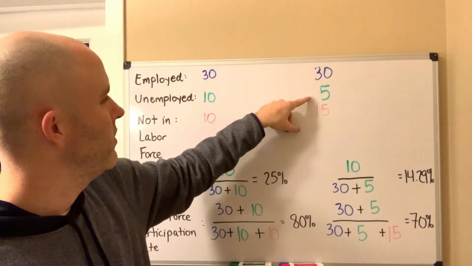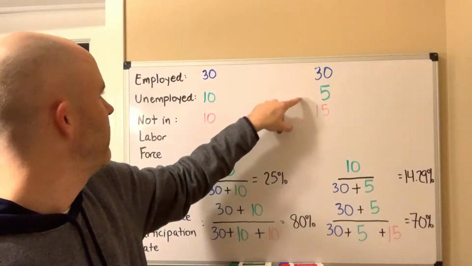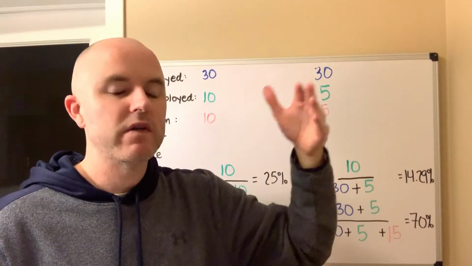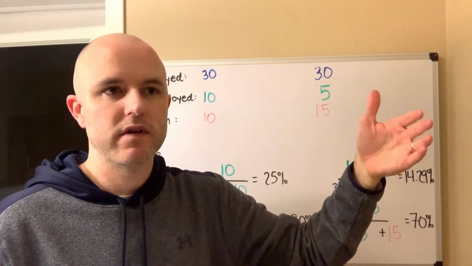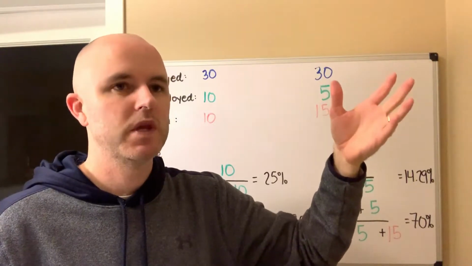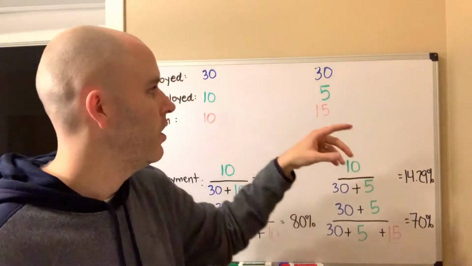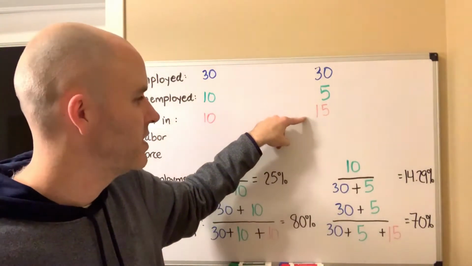Well, in this scenario, I just said, okay, if half of our unemployed people fell outside of having looked for work within the last 4 weeks, meaning for more than 4 weeks they have not been looking for work, all of a sudden they get shifted into the not in the labor force statistic.